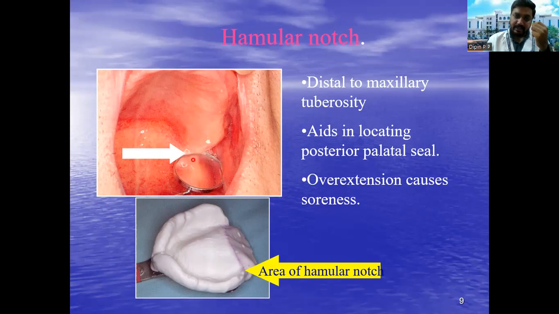The position of the hamular notch should be located to get a proper posterior limit of the complete denture. If it is extending beyond the hamular notch area, then during opening and closing movements, it will cause overextension and soreness of the mucosa.